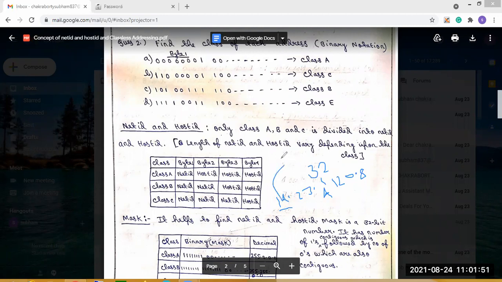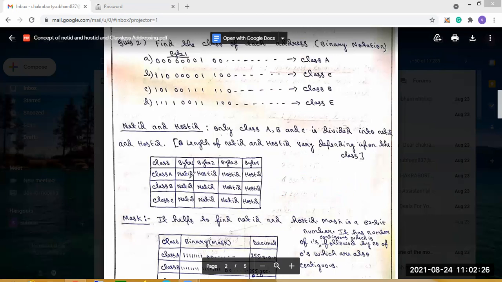So that means this 14 will be the net ID. And this 23.120.8, these 3 bytes, will be the host ID. So for class A, byte 1 is the net ID and the other 3, byte 2, byte 3 and byte 4, are the host ID.